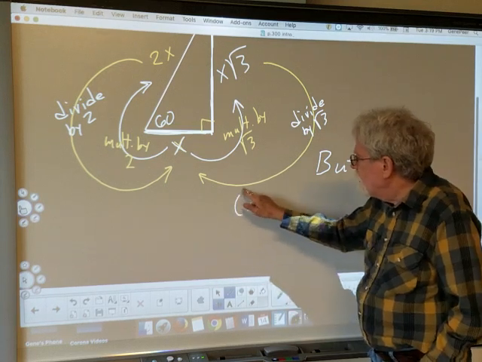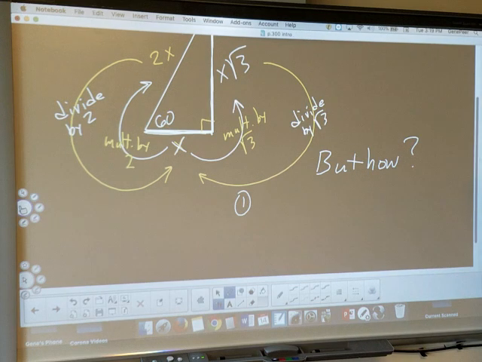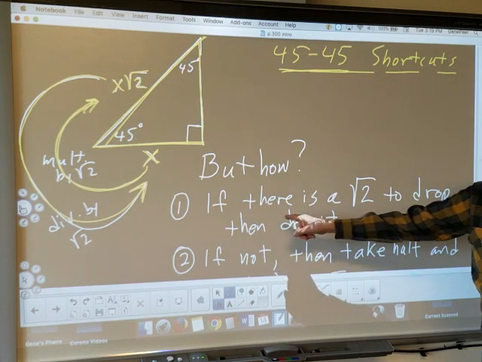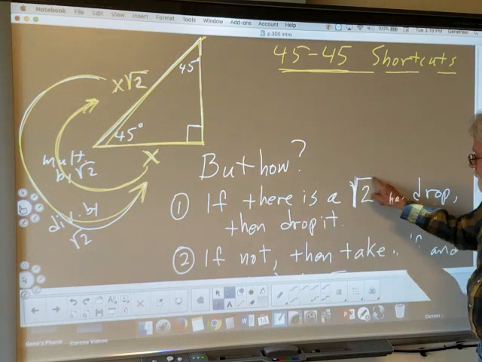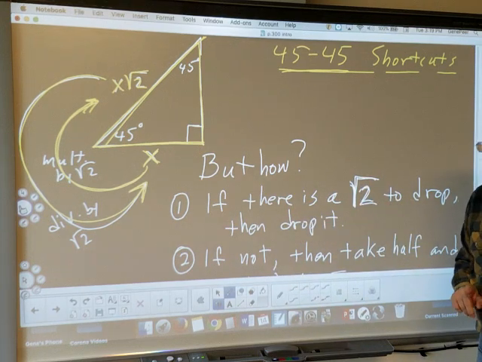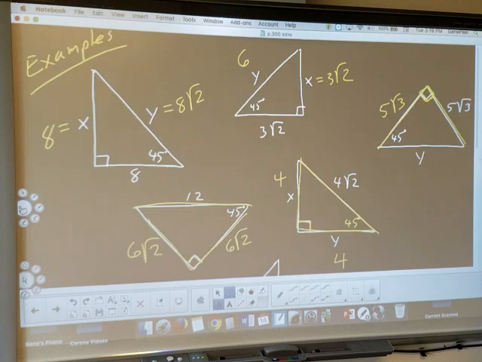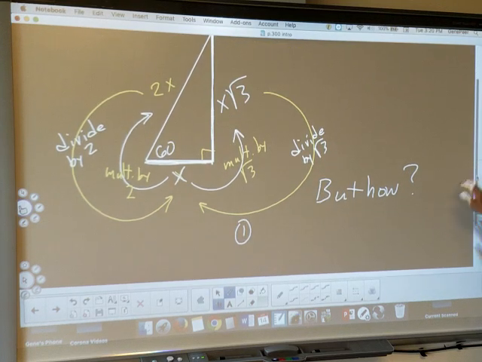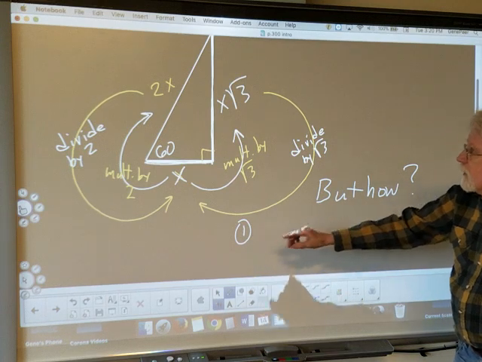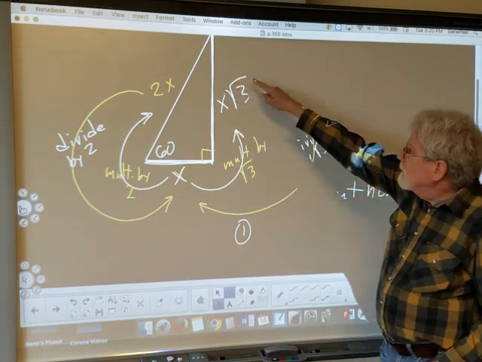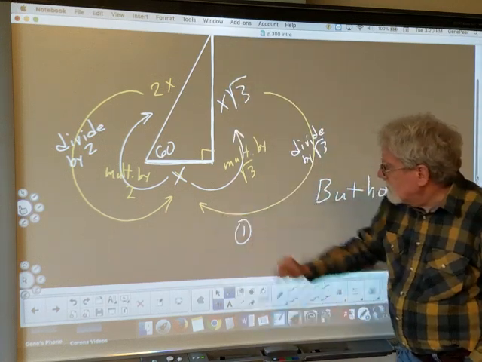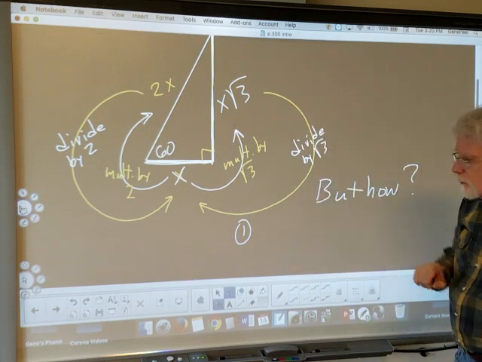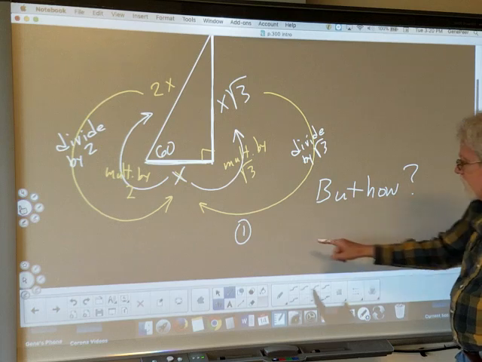Rule number 1, you might be able to guess what rule number 1 is. The beauty of it is, it's the same as rule number 1 back here, except instead of square root of 2, it's going to be square root of 3. So, rule number 1, if I'm trying to go from long leg to short leg, if I'm trying to divide by square root of 3, how do I do that?